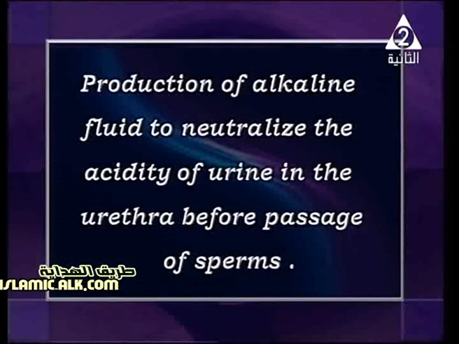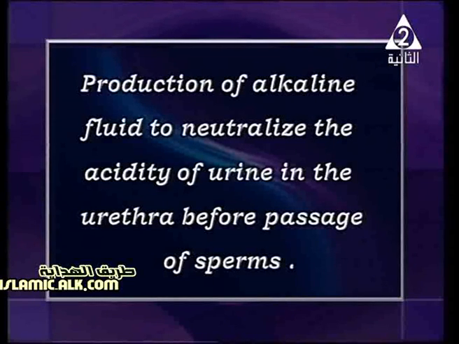The sperms are very weak and need to reach the ovum in safe places, but at the same time the urine has high acidity, so the acidity of the urine within the urethra may damage the sperms. So we need something to neutralize the acidity of the urethra.